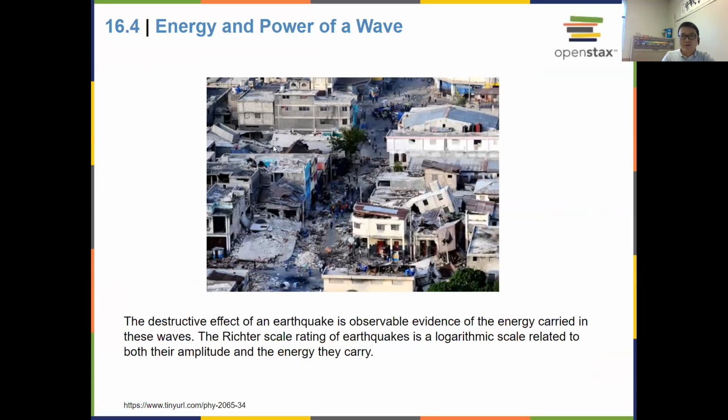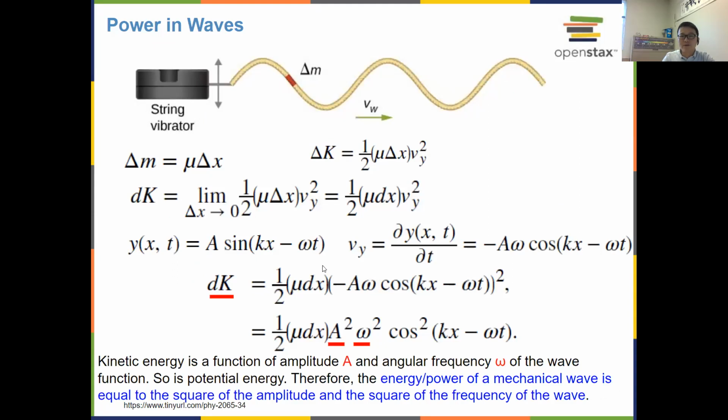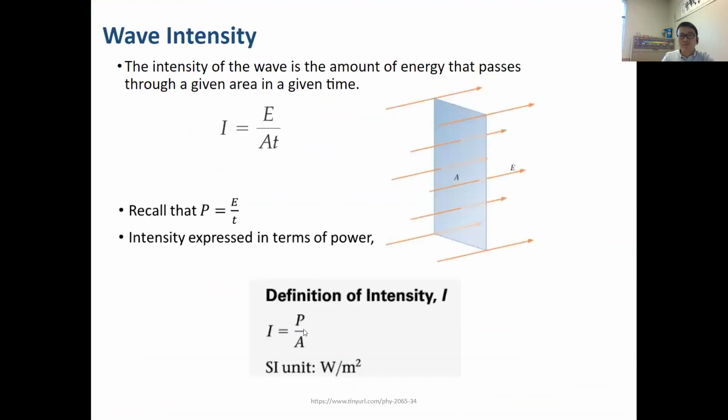And we also talked about the energy and power in waves. It's proportional to the amplitude squared, also the frequency squared or angular frequency squared, and then the linear mass density. The wave intensity is defined by the energy over a certain area in a certain time t, where E divided by T is the power of the wave.